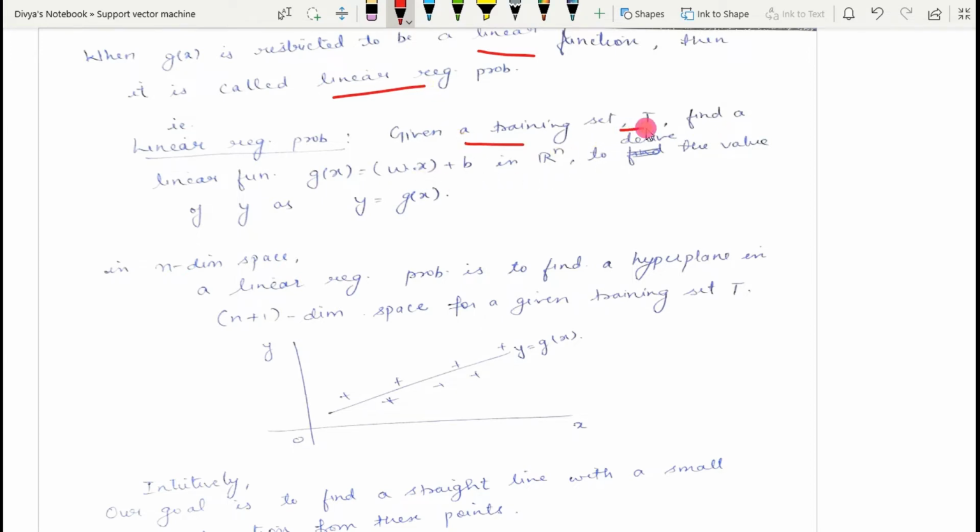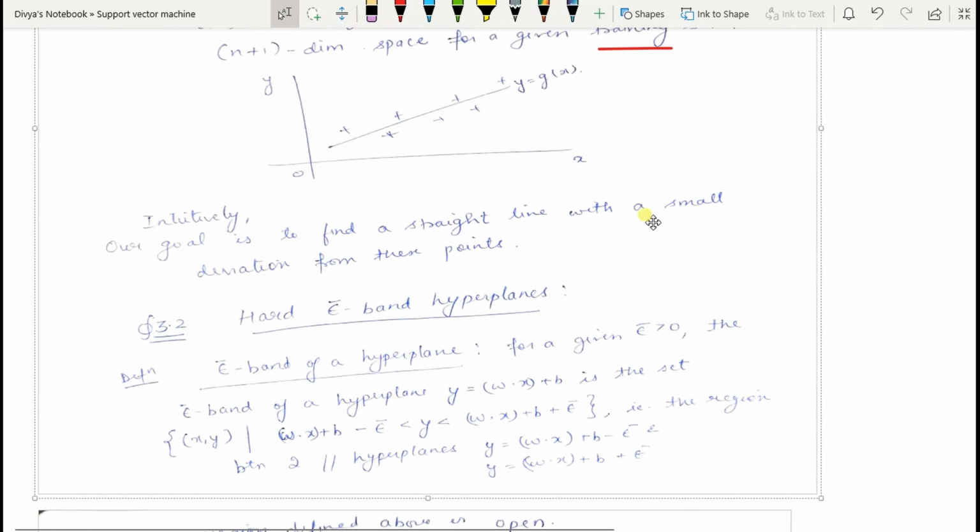The formal definition of the linear regression problem is: given the training set T, which we introduced above by equation 1, we have to find a linear function g(x) = w·x + b in Rn to derive the values of y as y = g(x). This is the linear regression problem. So in n-dimensional space, a linear regression problem is to find a hyperplane in n+1 dimensional space for a given training set T. Any doubt you can ask.